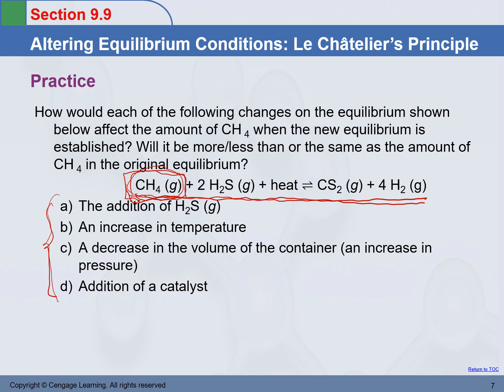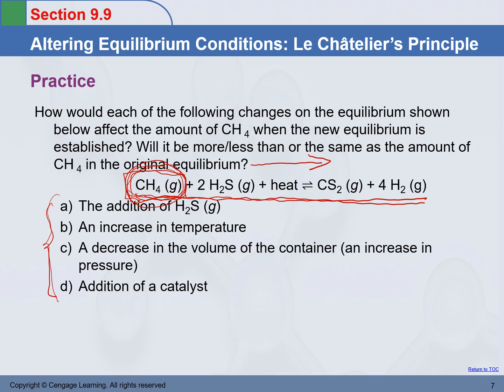For example, if a change applied shifted the reaction to the right, then for the reaction to go to the right, some of the CH4 on the left will have to be consumed. As a result, the amount of CH4 under the new equilibrium will be less than the amount in the old equilibrium. Does that make sense to you?